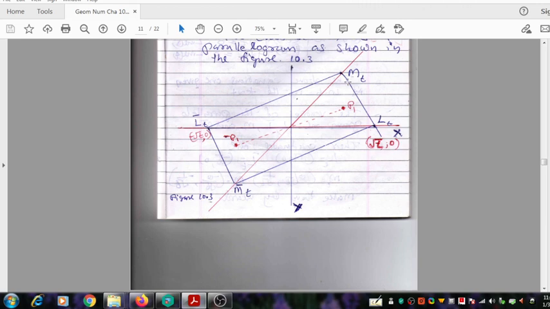The equations of these lines can be easily obtained from the set of equations representing the boundary of the prism. This is one line, this is the other parallel line, this is another line, and this is the fourth line. These equations can be obtained.